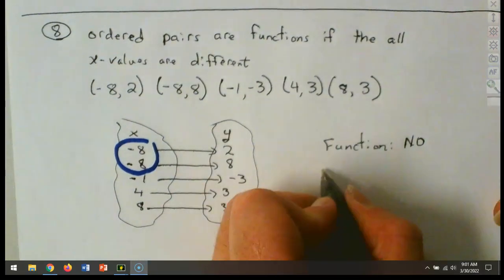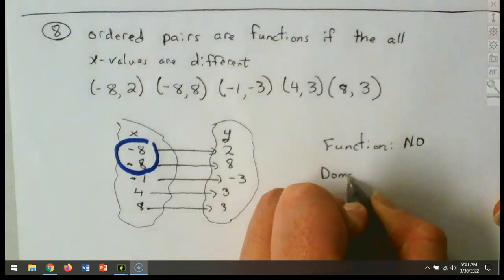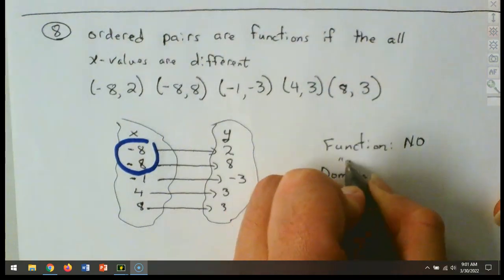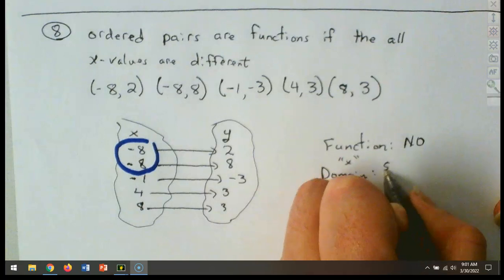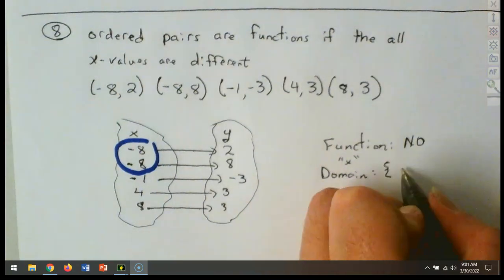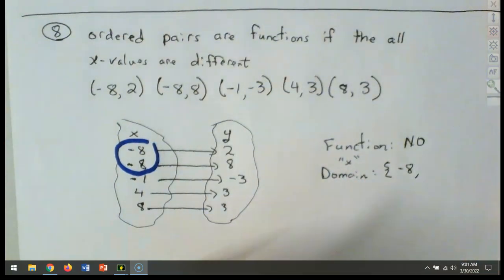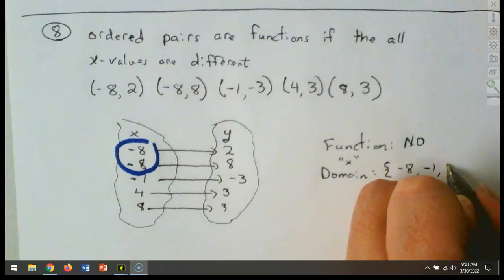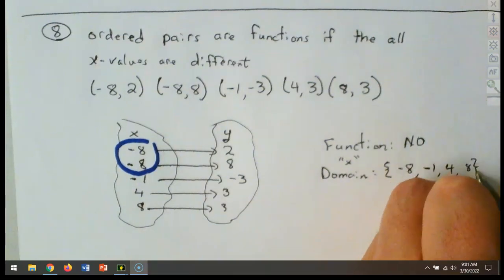And now we just find our domain by listing out the x components. And we always begin with the smallest and then work our way up. Duplicate values are listed once. So -8, -1, 4, and 8.